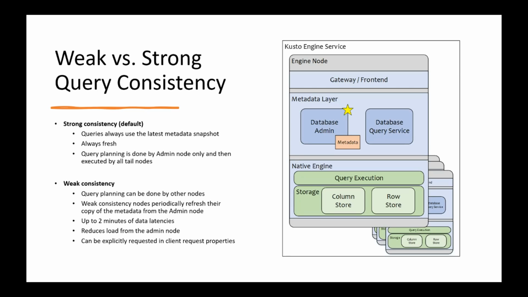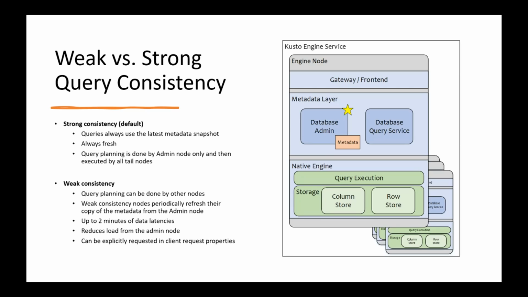What this gives you is that your queries always get the latest data, because the same node that is finalizing the ingestion is also managing the query planning and knows exactly where the new data is located. Weak consistency essentially allows other nodes in the cluster to also answer queries.